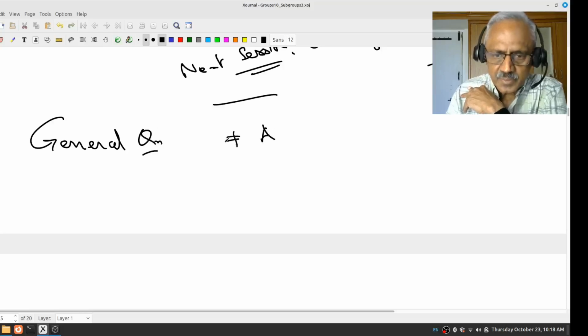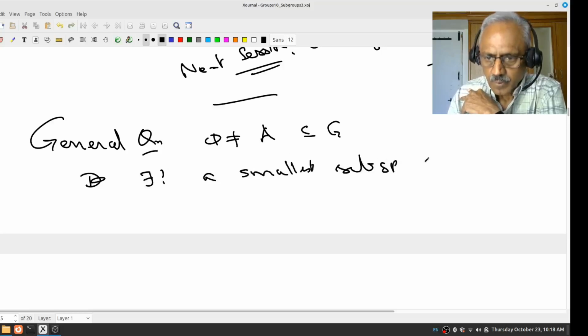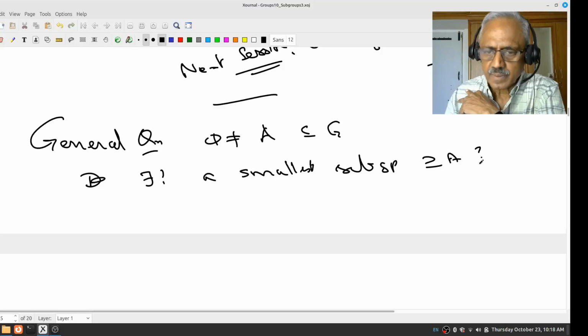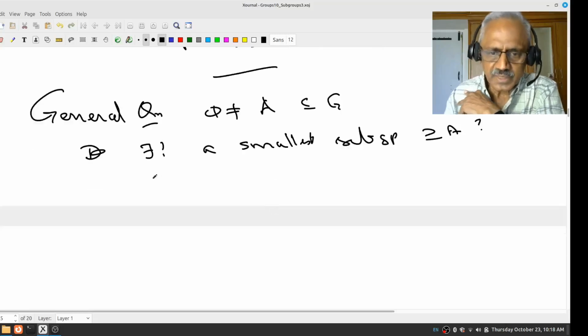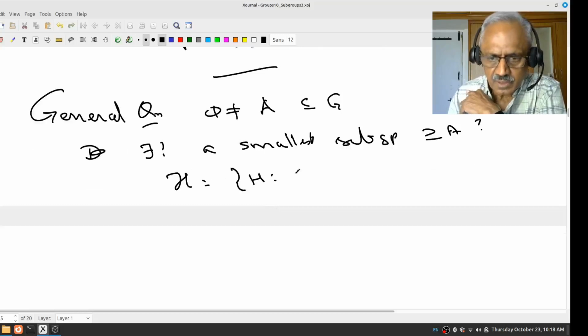Suppose A is a non-empty subset of G. Does there exist a smallest subgroup containing A? The answer is yes, of course.